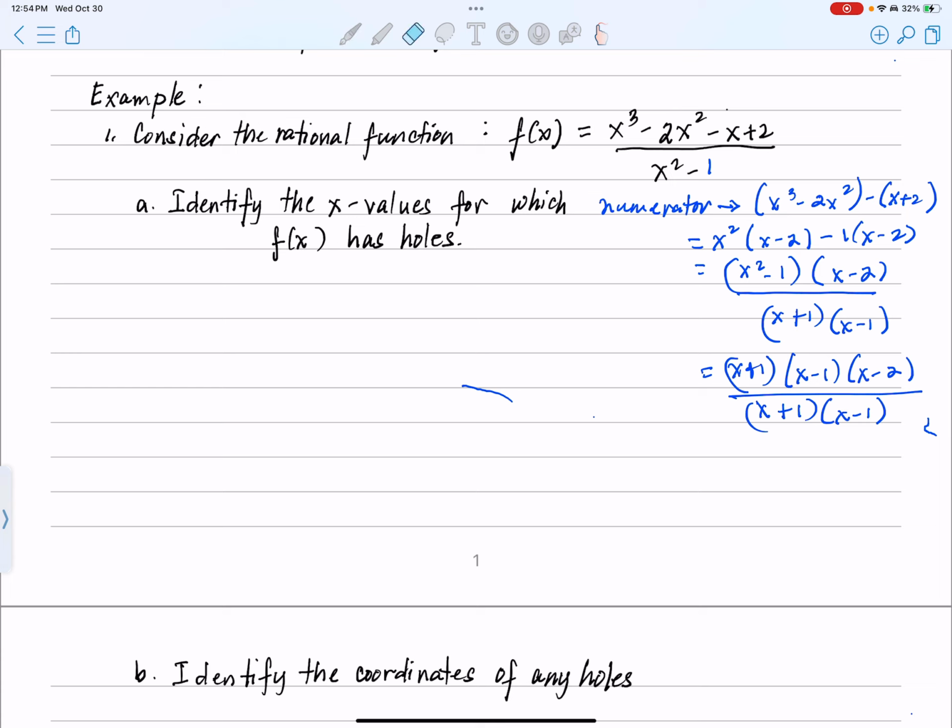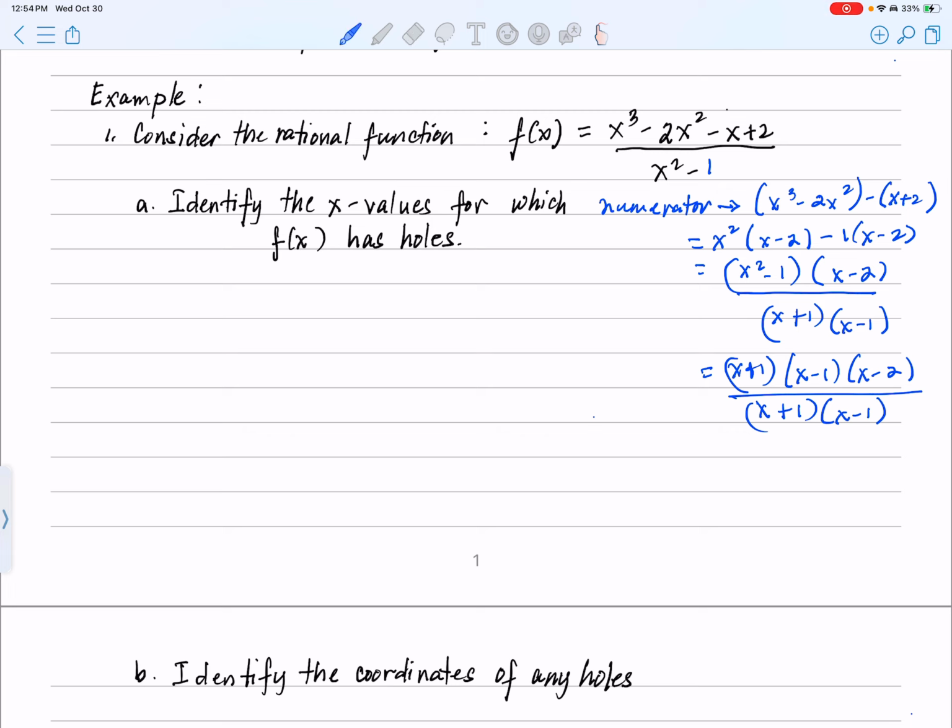Okay. So we can see now that there are two common factors between the numerator and the denominator, and they are x minus 1 and x plus 1.